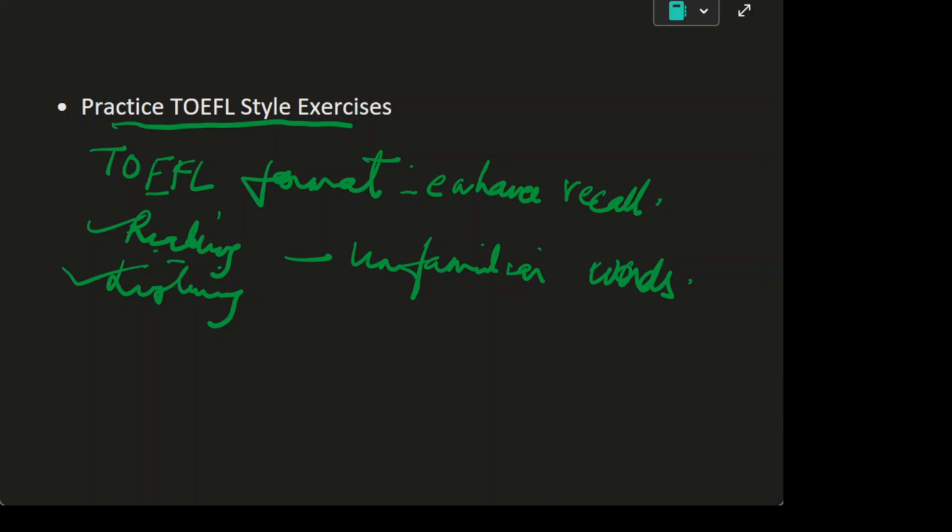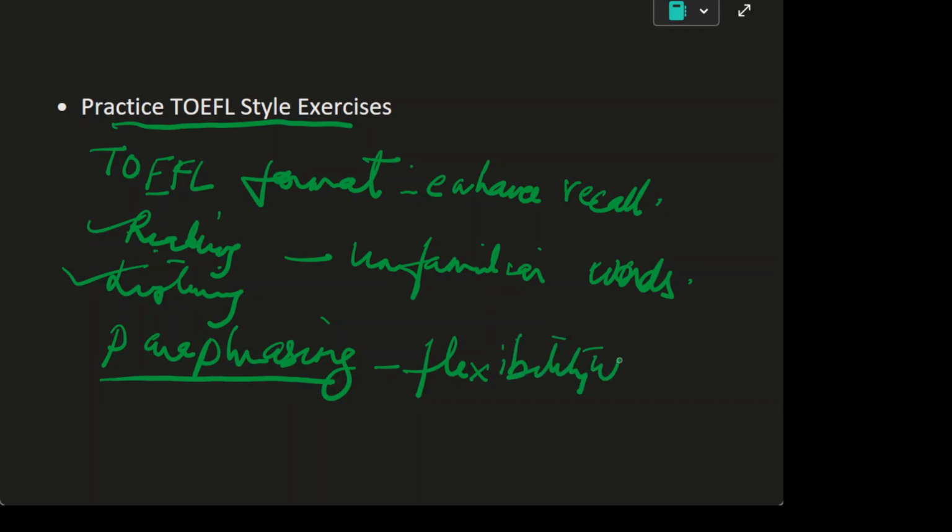And work on gap fill exercises to assess your understanding of word usage. Also attempt paraphrasing exercises to increase your flexibility with words. Paraphrasing is quite important when it comes to the TOEFL exam because that will increase your flexibility with words.